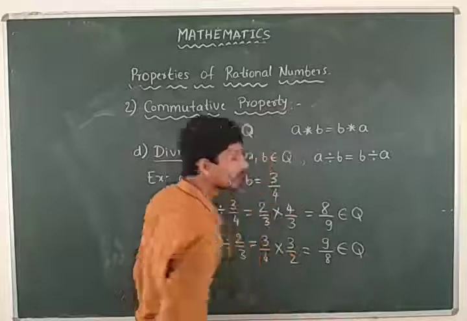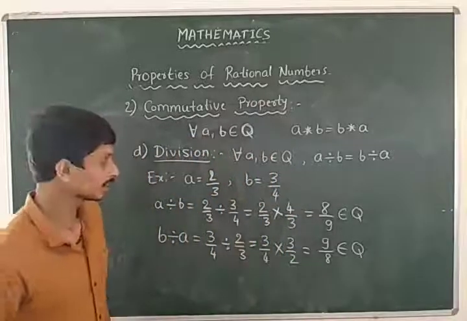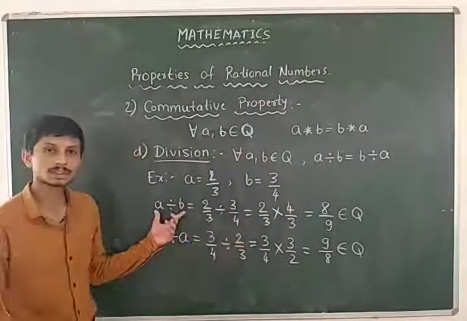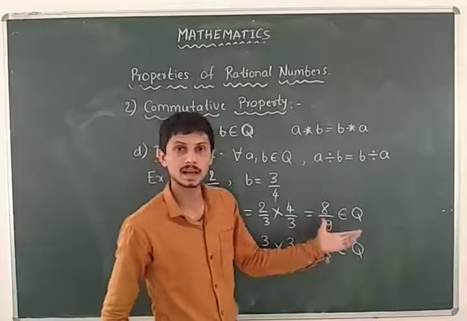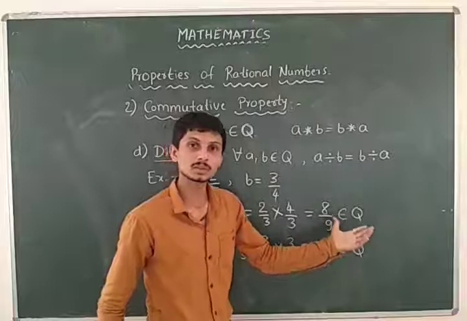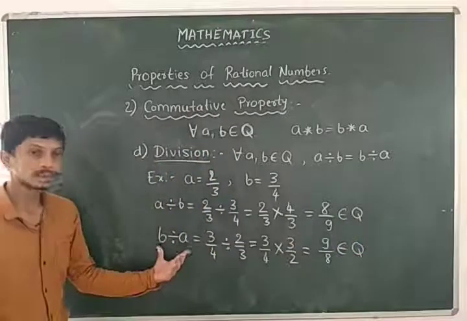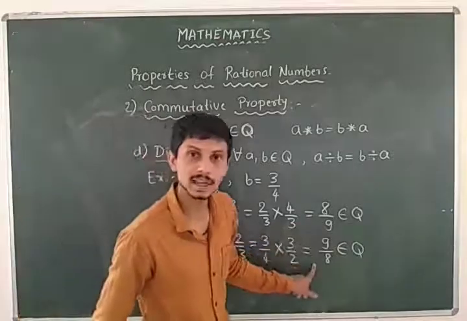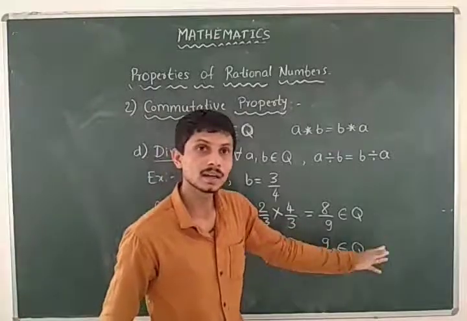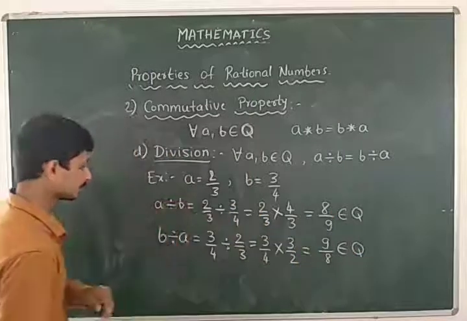It also belongs to the rational number set. So when we perform the operation a by b, we get 8 by 9 as the answer. It belongs to the rational number set. When we perform the operation b by a, we get 9 by 8 as the answer. It belongs to the rational number set.